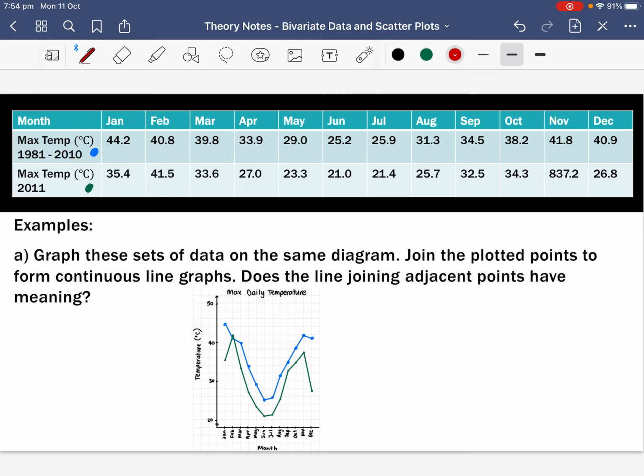So the lines joining, to answer this question, adjoining adjacent points are not read as data points, but they indicate a trend.